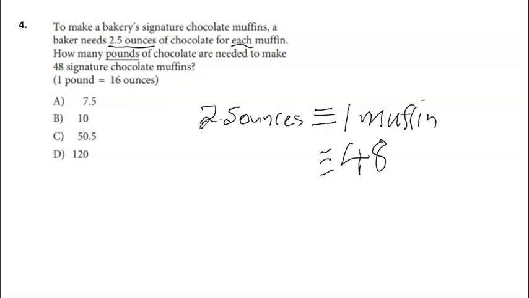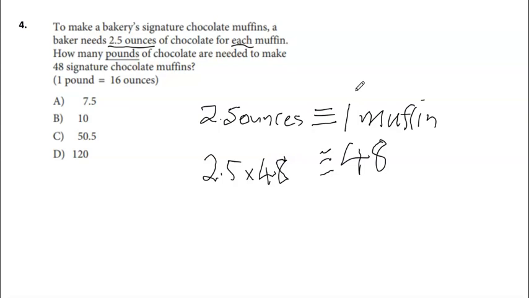But the actual calculation, we do it in ounces because that's easier, right? So if one muffin is equivalent to 2.5 ounces, then what would be 48 muffins? We just have to multiply, right? So it's going to be 2.5 times 48, right?